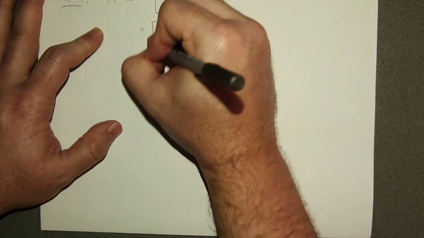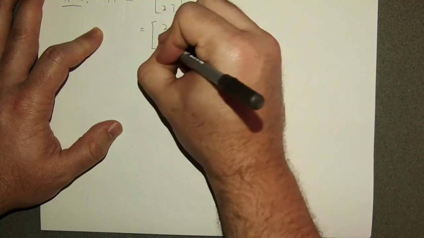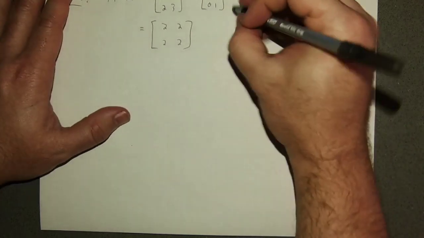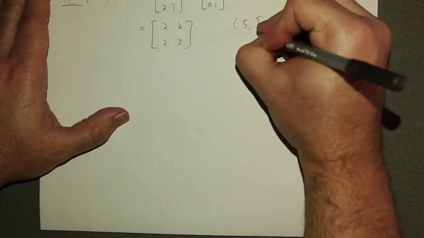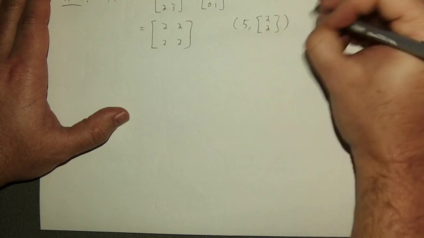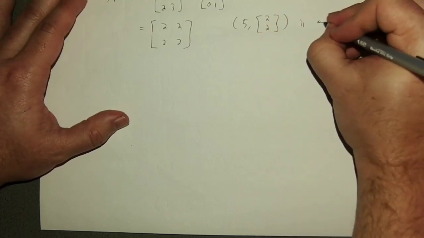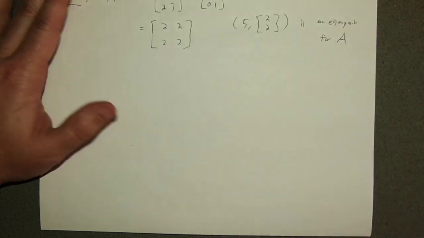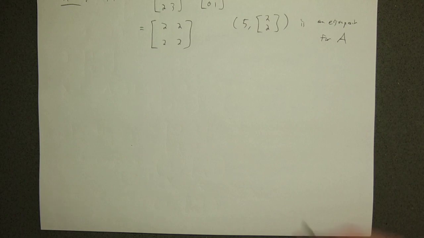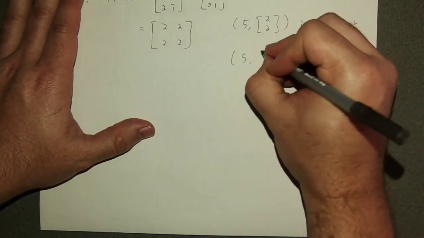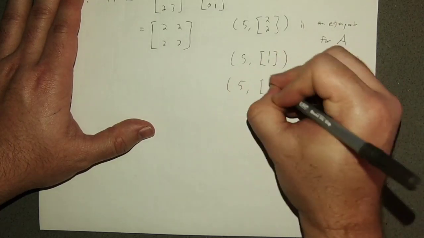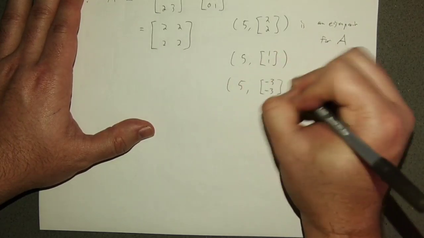And so that is (minus 2, 2, 2, minus 2)... so (5, (1, 1)) is an eigenpair for A. Another eigenpair would be (5, (2, 2)), or (5, (minus 3, minus 3)). Any of those would work.